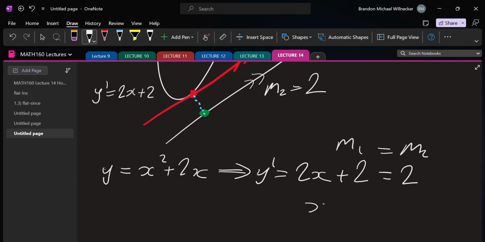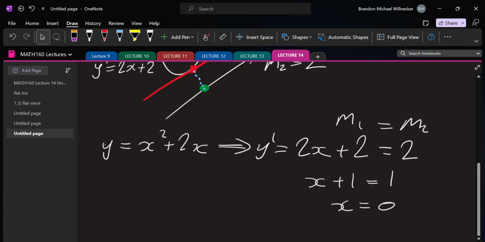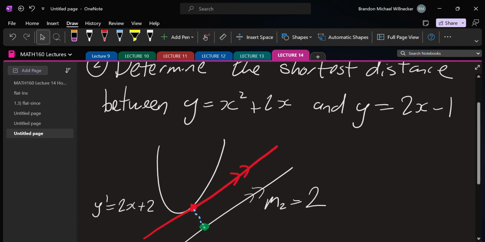So we can solve for x. So dividing through by 2. Okay, so x must be 0. So on the parabola, these lines are parallel when x is 0. If x is 0, y must be?